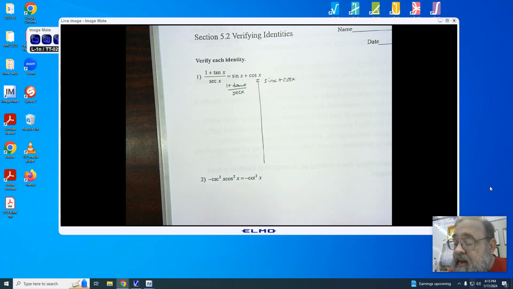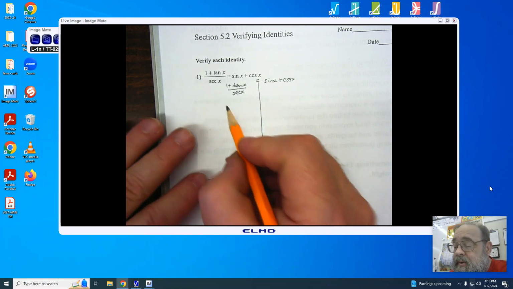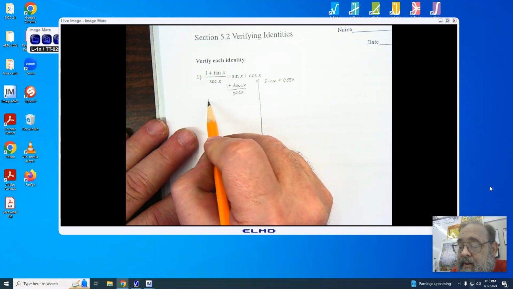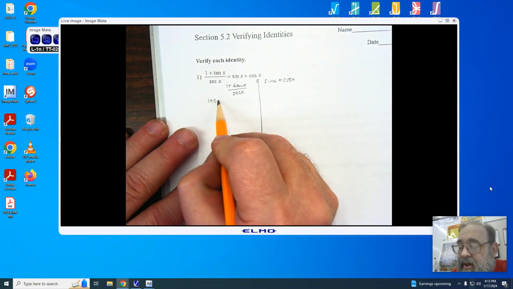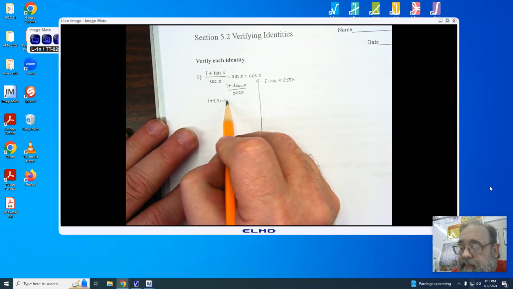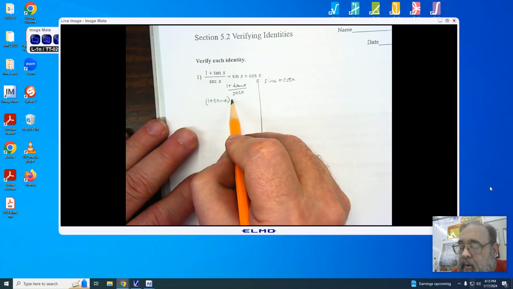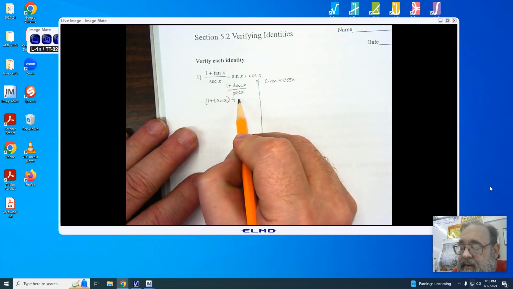So when you see a fraction, it is often easier to simply separate the fraction into its two parts. In this case, I'm going to separate it into 1 plus tangent of x, and I'm going to go divided by secant x.